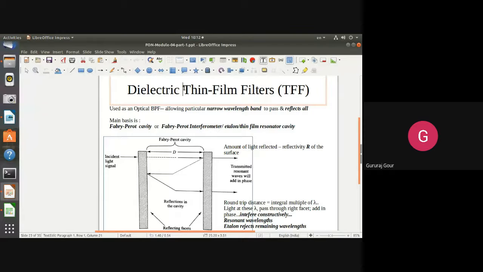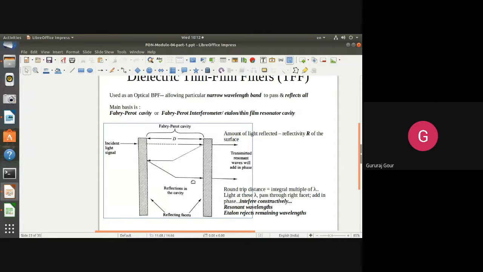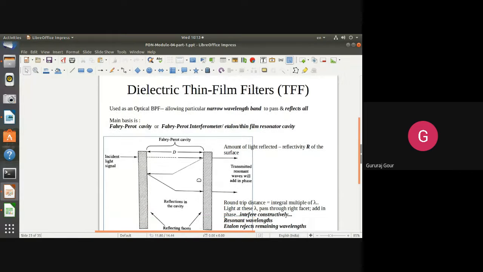So that's why it is known as a thin film filter, and it is also known as a dielectric, because the medium that will exist between the layers of the bubble is acting like a dielectric, or one of the layers is going to protect the medium inside the bubble from the outside air medium. It is also acting like a dielectric. So that's why we are able to get different patterns of the colors on the soap bubble, and even different patterns of the colors on the CD or DVD, which you are going to see.